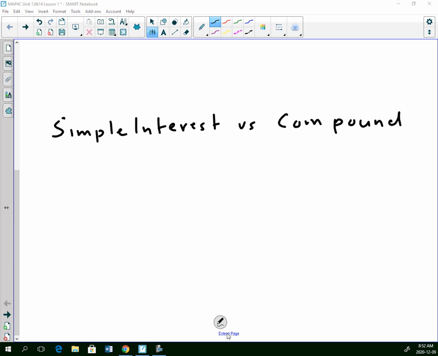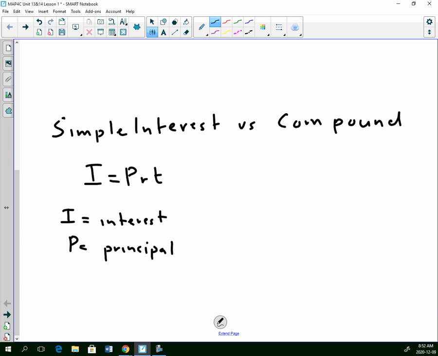The formula is I equals PRT, where I is the interest that you earn, P is the principal, which means the starting amount, and R is the interest rate.